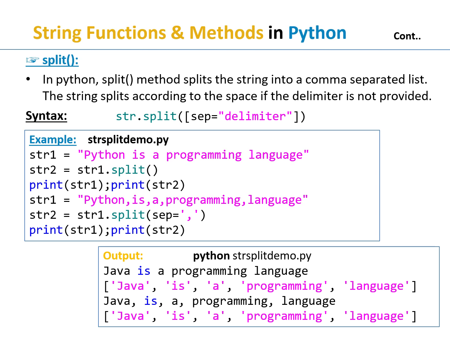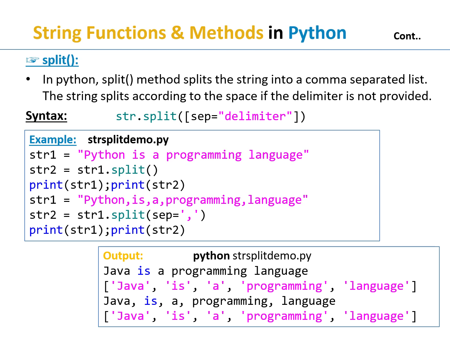The example of the split method: str1 equal to Python is a programming language, and then str2 equal to str1.split. Here the split method is used, and the print statements are str1 and str2. Then str1 equal to Python is a programming language.